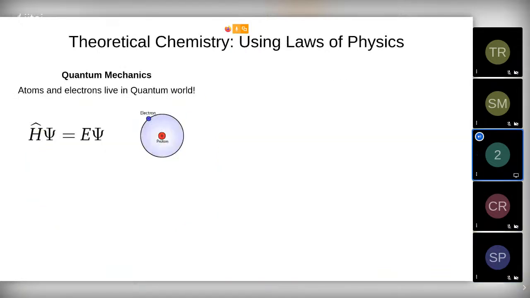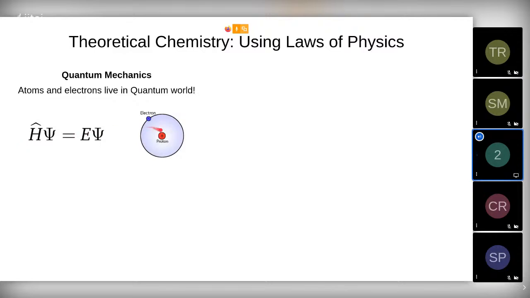example. To do this kind of approach, we need to resort to the laws of physics because atoms and electrons are too tiny and they live in the quantum world. So their interactions are dominated by the quantum mechanical nature. The problem with that is only for a very few handful of small systems we can solve the quantum mechanical equations or the Schrodinger equations directly or analytically.